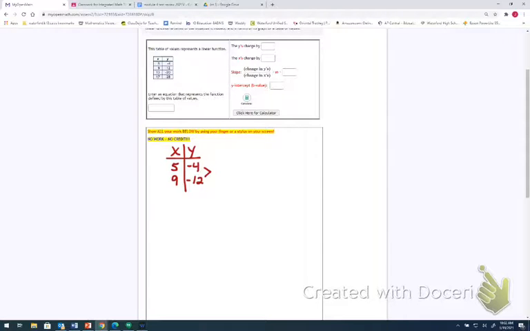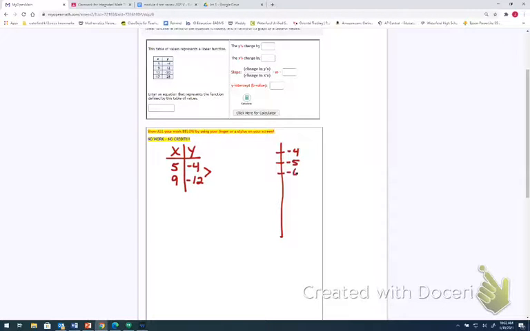The first thing that we need is the change in the y's, okay? I started at negative 4 and I stopped at negative 12. So I started on my ladder 4 steps below the ground, and then I stopped 12 steps below the ground.